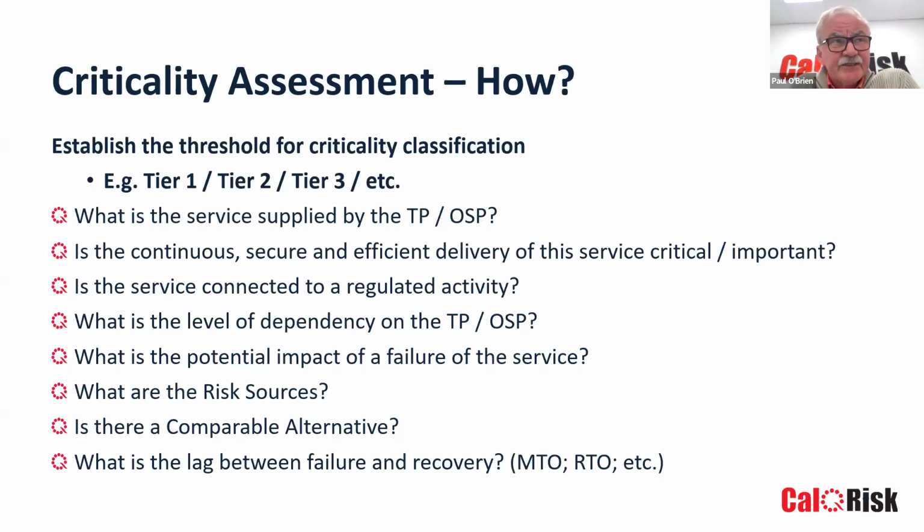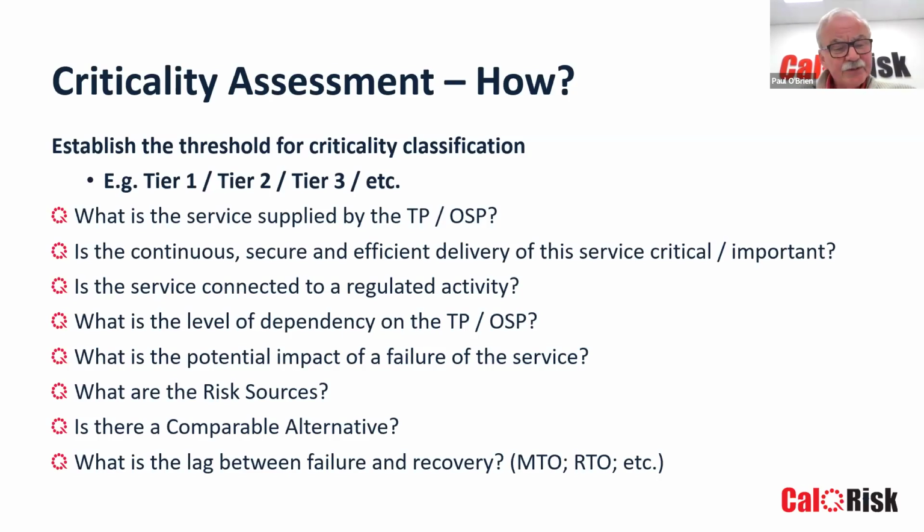Level of dependency is another big issue. So really, you're looking at tier 1 criticality if you are honestly saying, if I don't have this service, I am in real trouble. That would inform the criticality, and that is advising the potential impact of a failure of the service.